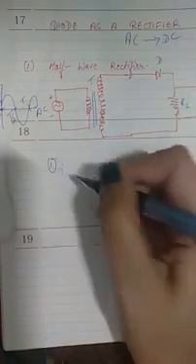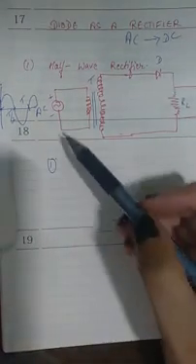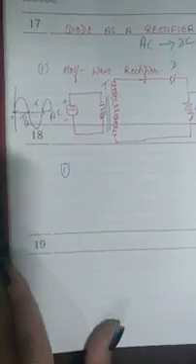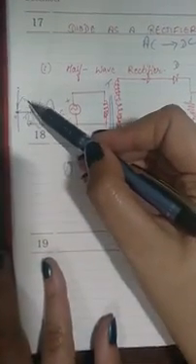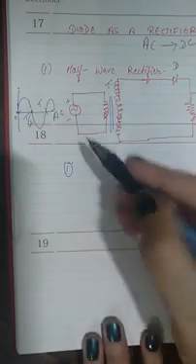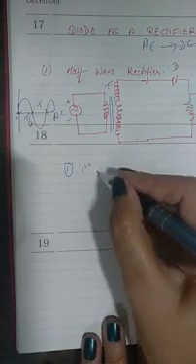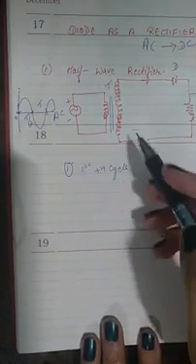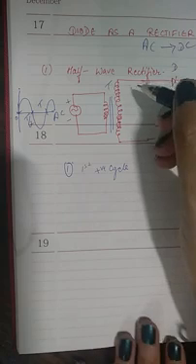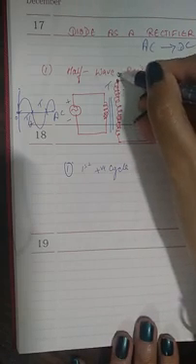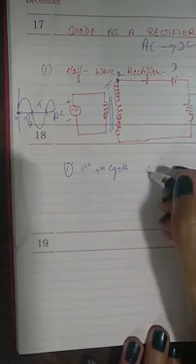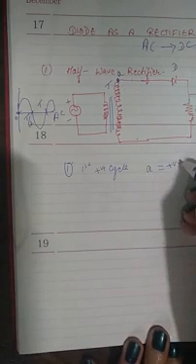In the first step, during the first positive cycle, in the first cycle, this is towards the positive side. So during the first positive cycle, let me write this point as A. The voltage at A will be positive.